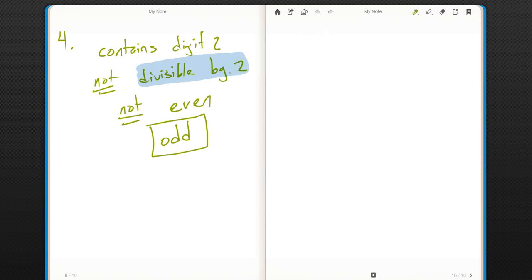Anytime you have a number with a 2 in it, like for example 32, that's an even number. If the last digit is 2, then it's an even number. So none of those numbers would work. You could think about the number 2 and 12, 22 and 32, all the way up to 92.